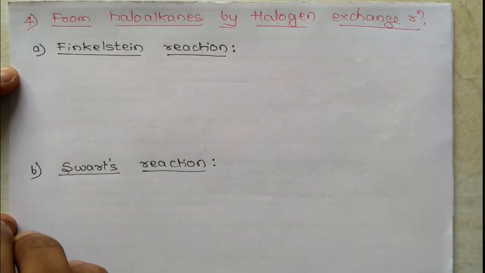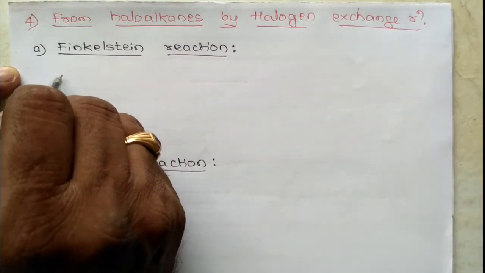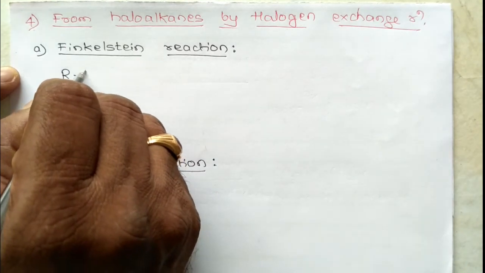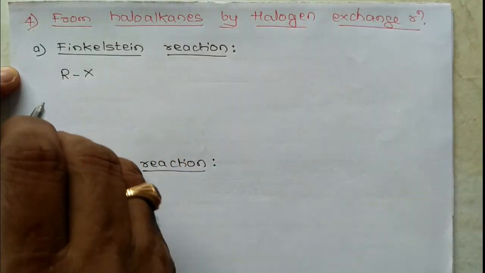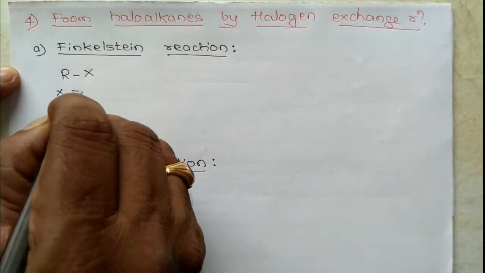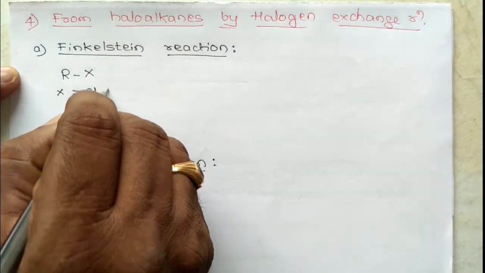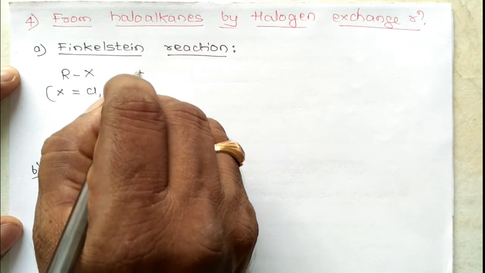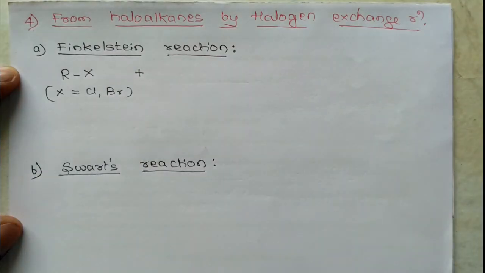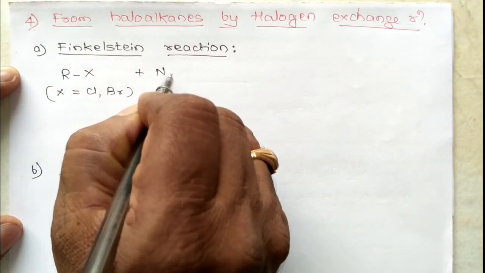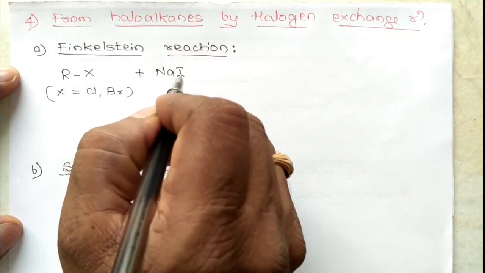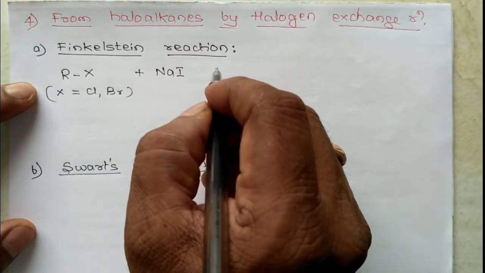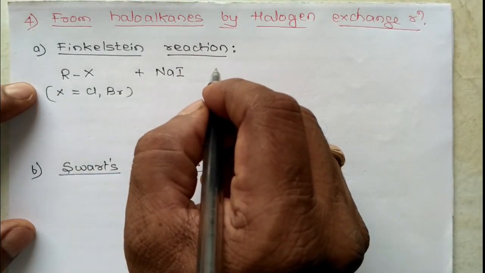Alkyl chlorides and alkyl bromides. Let me write in general haloalkane as RX, where X is Cl, or you can have Br also. It reacts on heating with a solution of sodium iodide in the presence of dry acetone.